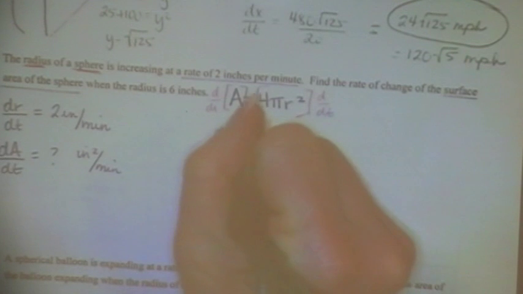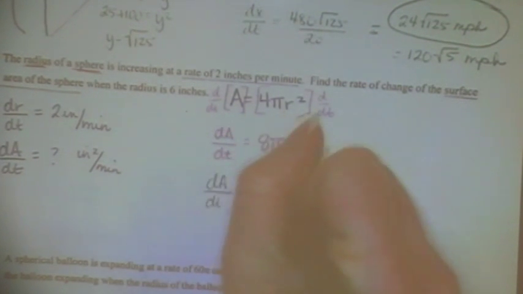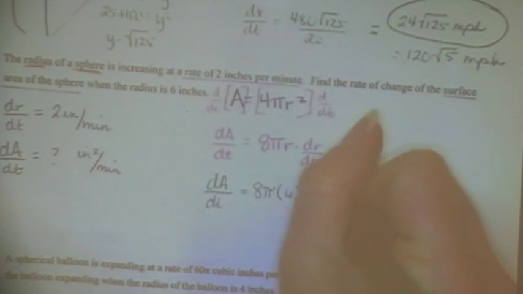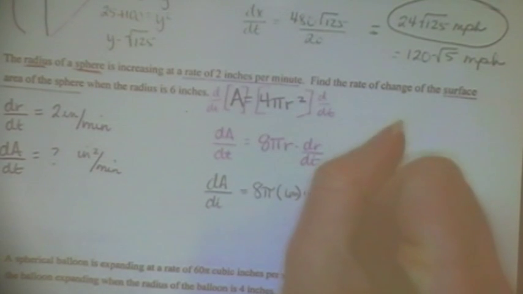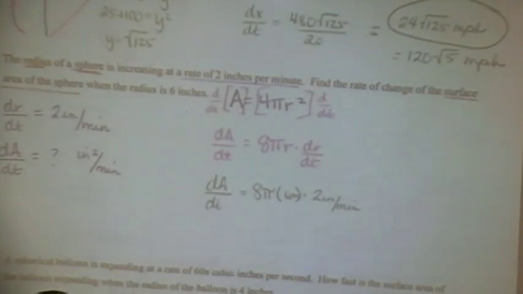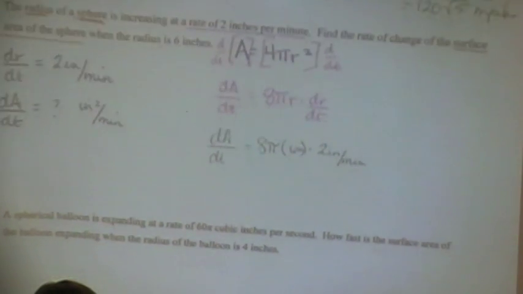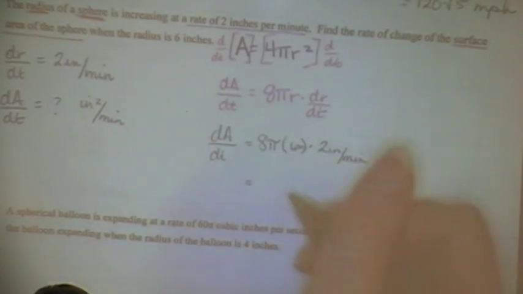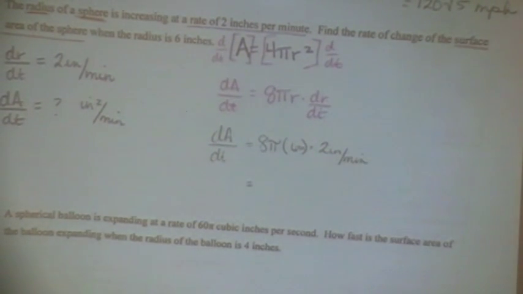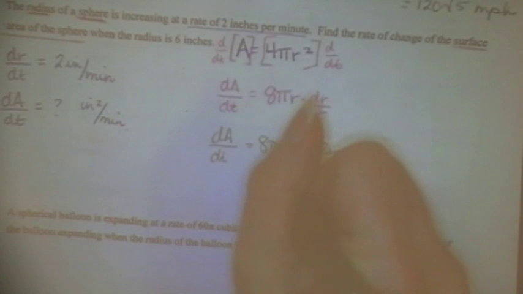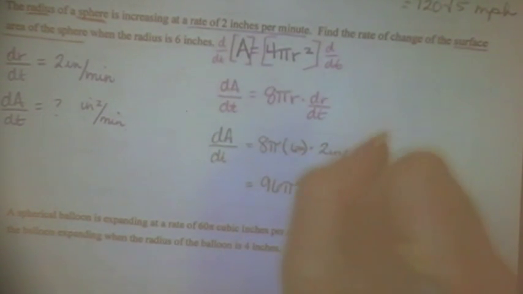So dA dt equals 8 pi times 6 inches times 2 inches per minute, if you are a label stickler and you want to make sure you got all your labels correct. Now I would just leave this in terms of pi and just multiply your constants. So 8 times 6 times 2, that's 48 times 2, 96 pi inches squared per minute.